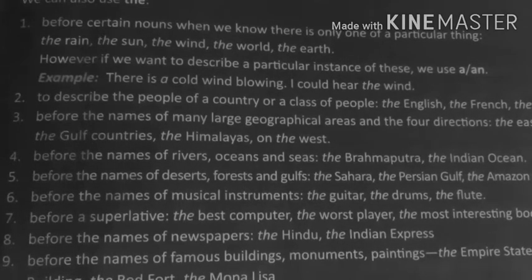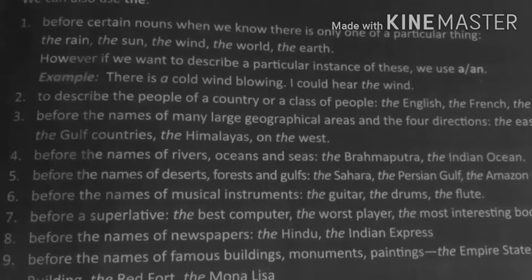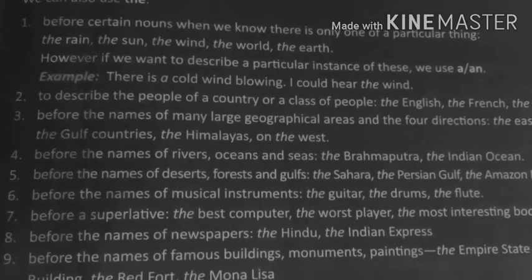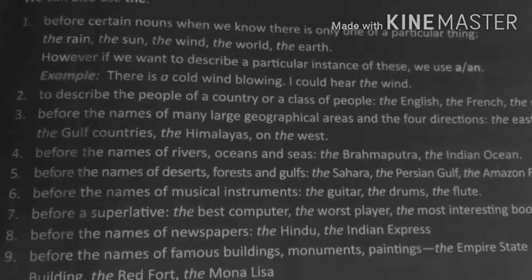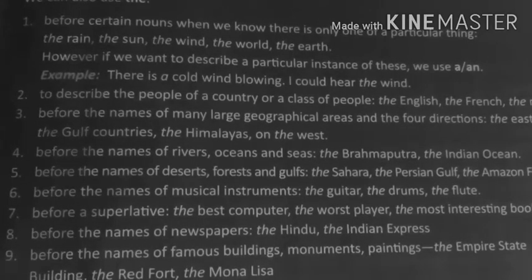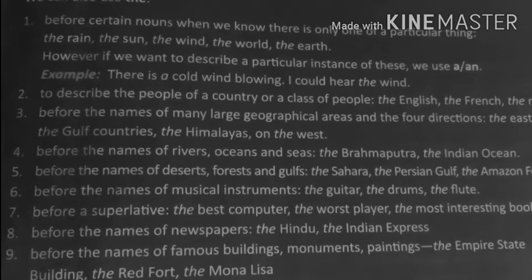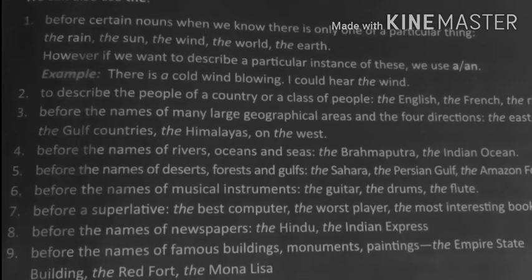Before the names of deserts, forests and gulfs, like the Sahara, the Persian Gulf, the Amazon forest or the Thar desert, or before the names of musical instruments, like the guitar, the drum, the flute, the violin.